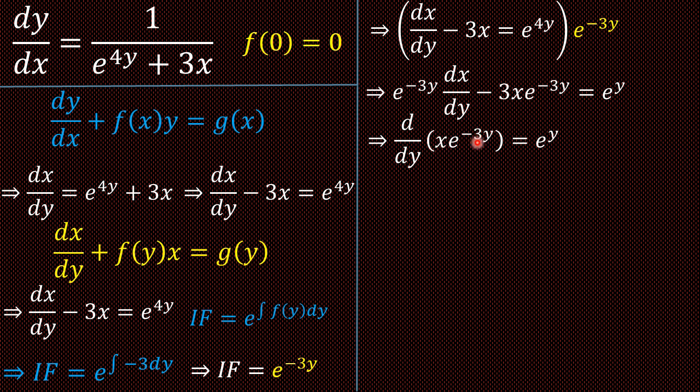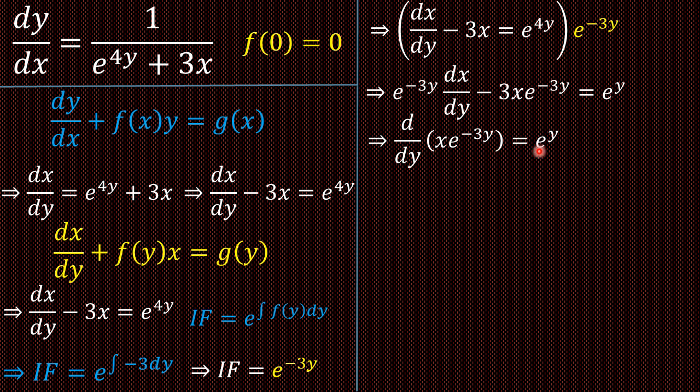Keep e raised to the power -3y constant, that's why we have it here, plus now keeping x constant, differentiating by multiplying by the derivative of e raised to the power -3y. We simply bring the -3 down, then we multiply by the same function, which is e raised to the power -3y, and this guy stays the same. Good. So we can say that everything on the left hand side now translates into the derivative of this function that we have here.